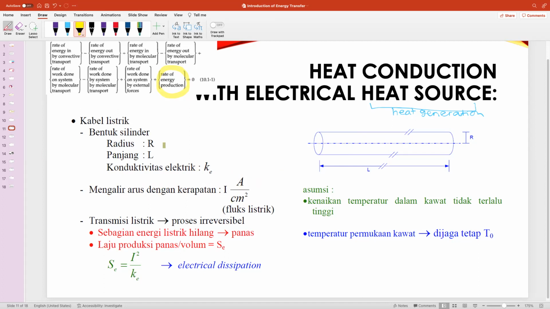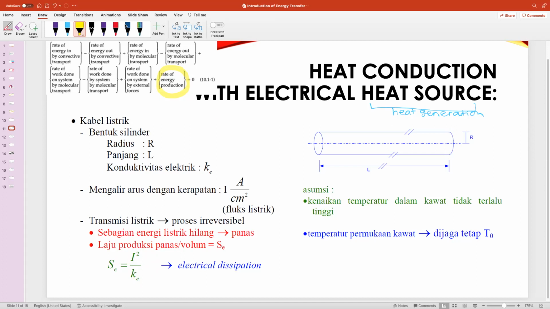Because of that flow, there would be some heat generation, or we call it electrical dissipation, which is Se equal to I squared divided by ke. This is defined from the problem.